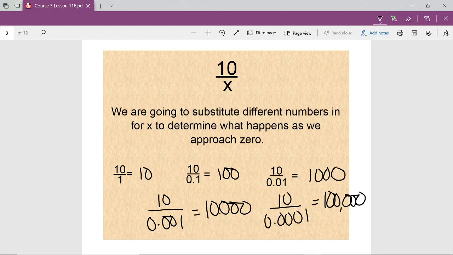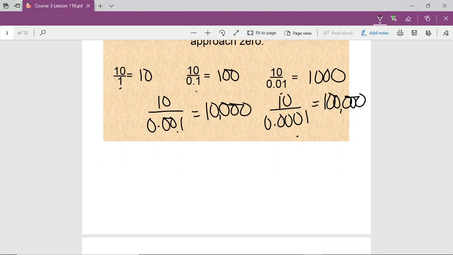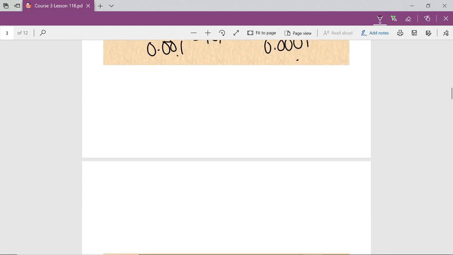So when I do this, as I get closer and closer to 0, as I go from 1 to 0.1 to 0.01 and so on, I start increasing that number really, really big by the time that we go very close to 0. So as I get closer to 0, I start going to infinity, positive infinity.